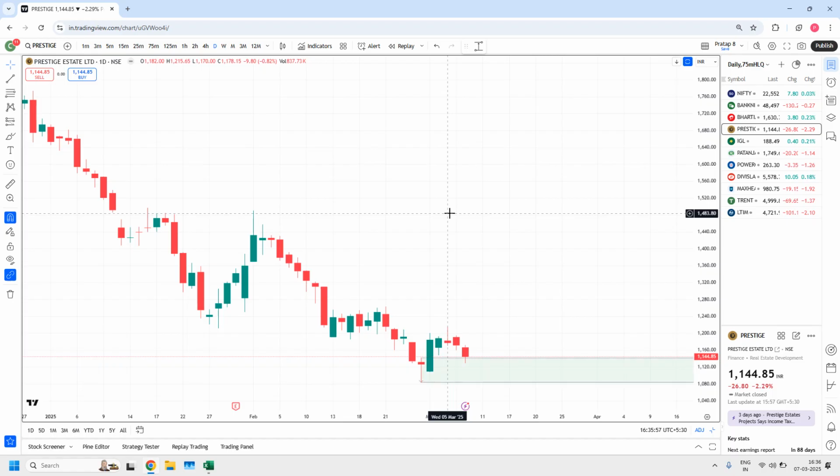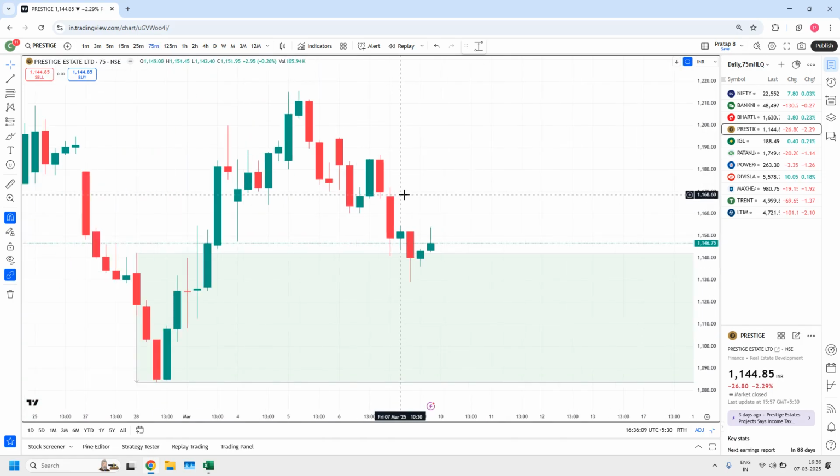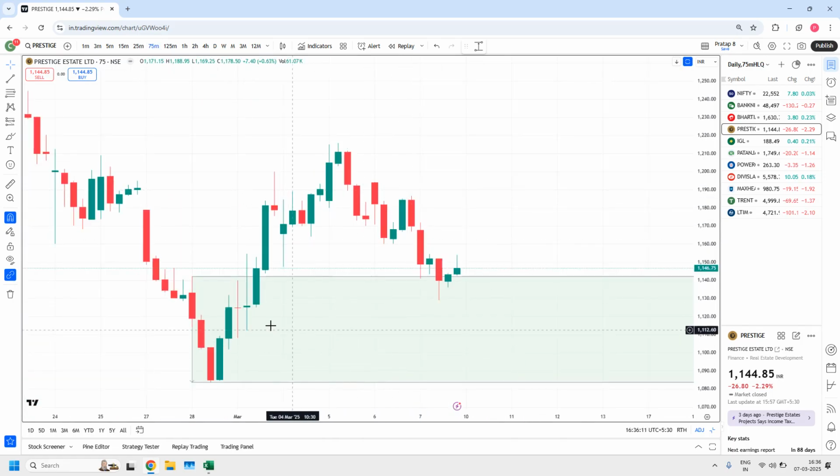Next one is Prestige. I didn't fine-tune the zone because I think yesterday also we discussed this. We don't have a proper 75-minute zone. No, yesterday we didn't discuss, yesterday that was a different stock. The reason why we didn't is that all these are very large candles. See here.